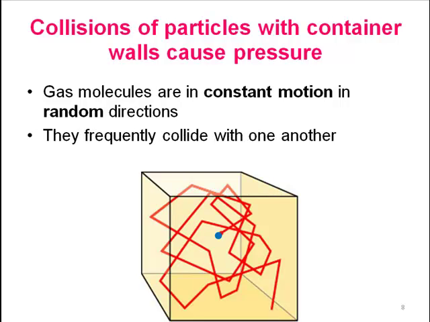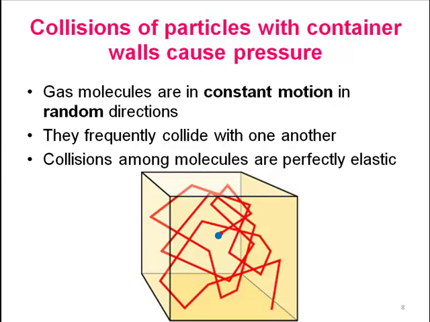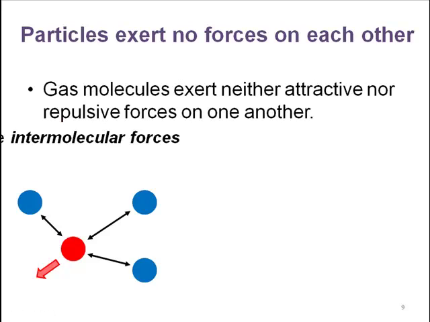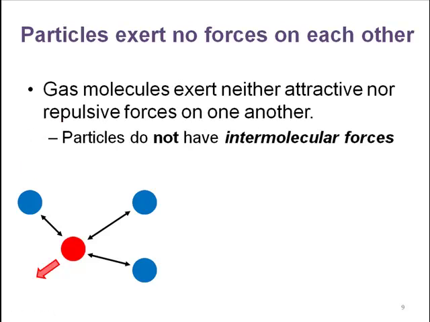They frequently collide with one another, and their speed changes, their velocity changes, their momentum changes. Collisions among molecules are perfectly elastic, is our assumption. The particles also exert no forces on one another. Gas molecules exert neither attractive nor repulsive forces on one another; they do not have any intermolecular forces, is the assumption by the kinetic molecular theory.